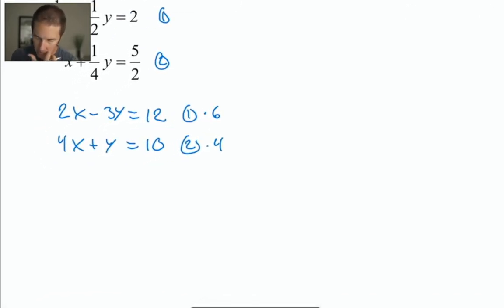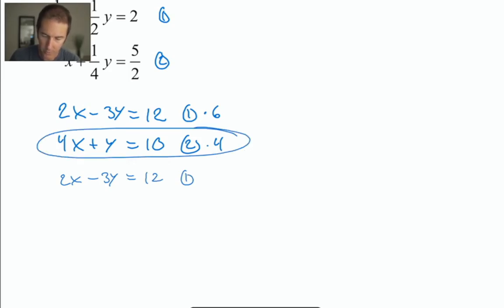Let me take equation number 1 and rewrite it. 2x minus 3y equals 12. Still labeling that as equation 1. And then I'm going to take equation 2, or this modified version of equation 2, and multiply it by negative 3.